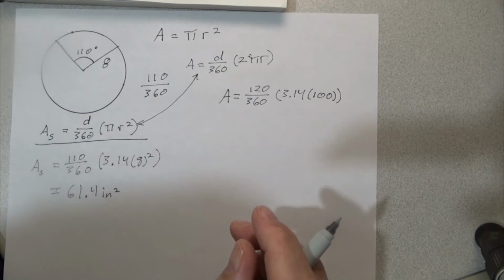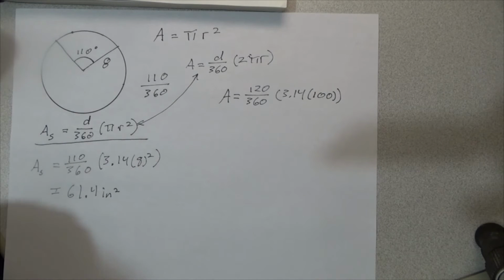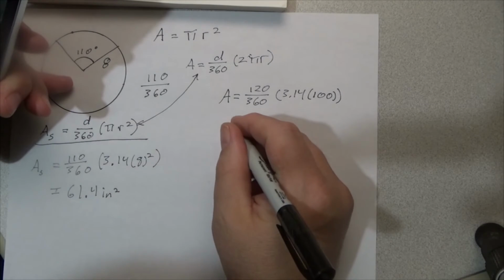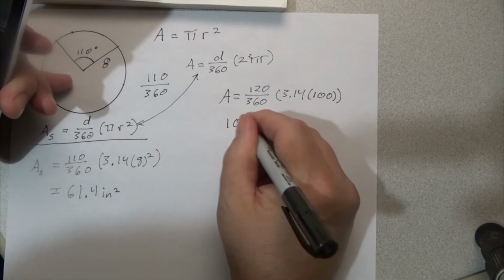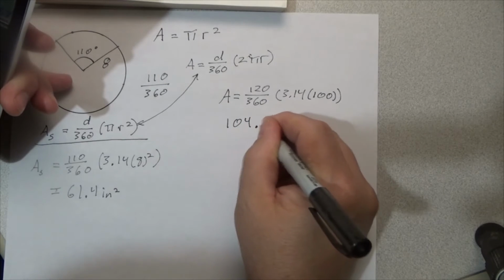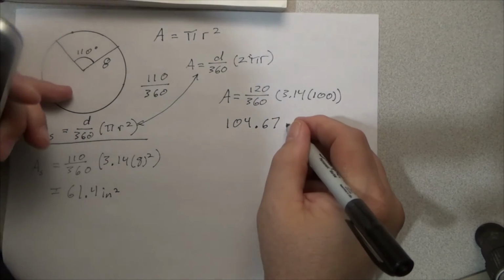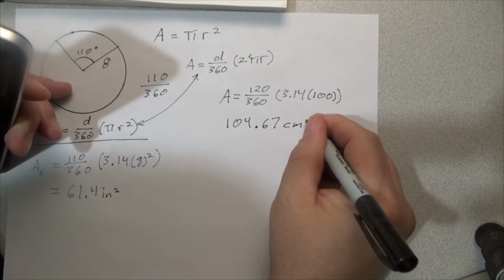So finding the area of that sector, 120 over 360 times 3.14 times 100. I probably could have just said times 314. That would have taken care of that. So the area of that sector is 104.67 centimeters squared.